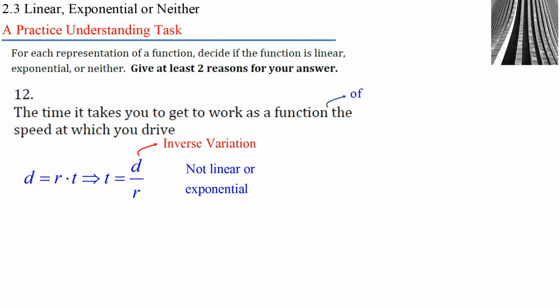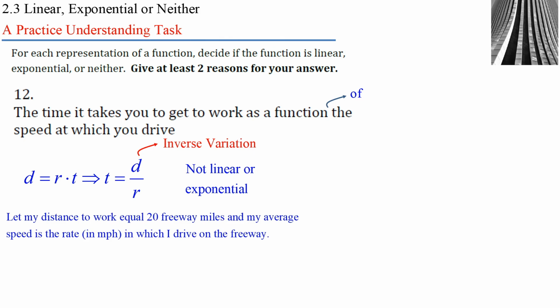And let's try to use one more model to show this. So I'm going to have to create more of a story problem here so I can really create a table. So let my distance to work equal 20 freeway miles. Now, when I went to the University of Portland, I worked part-time at a restaurant in Woodland, Washington called the Oak Tree Restaurant.